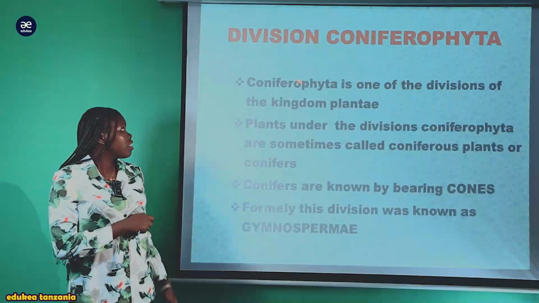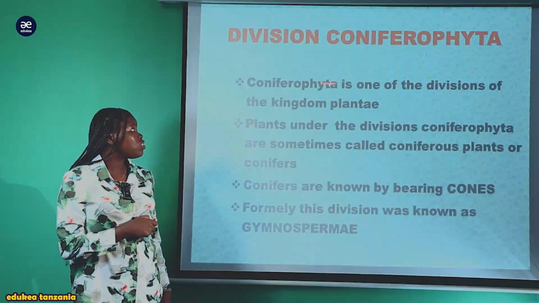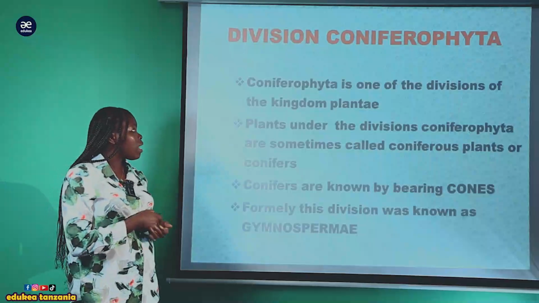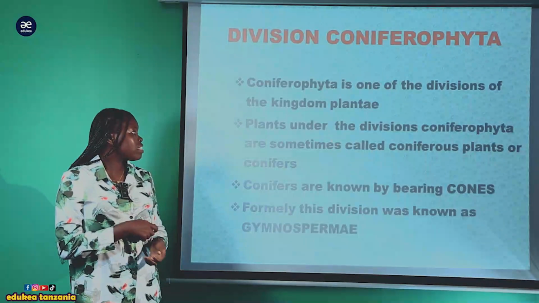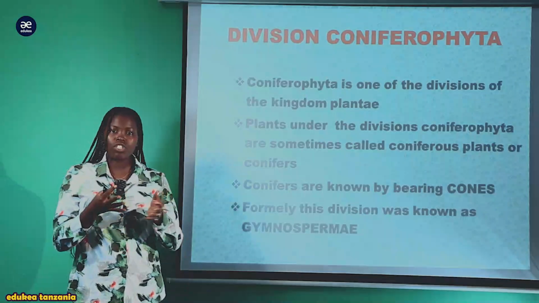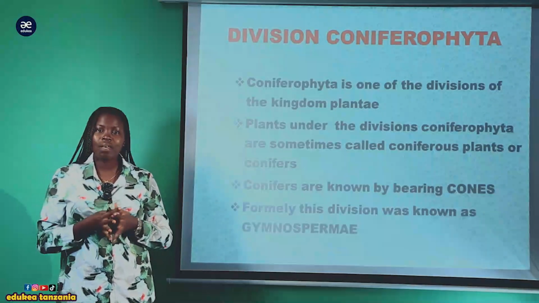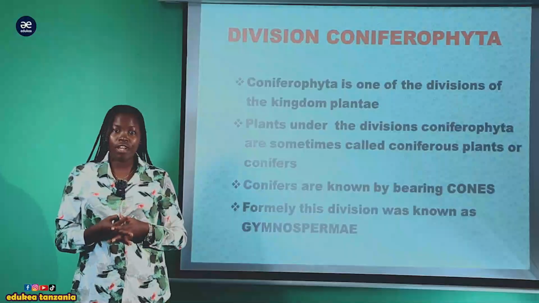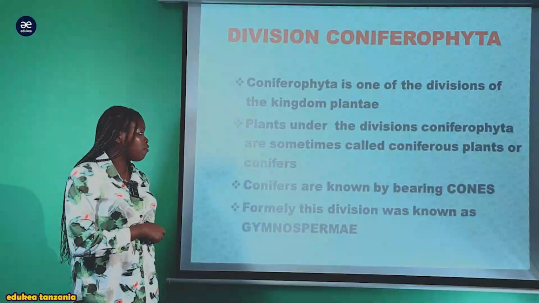So the Coniferophyta is one of the divisions of the plant, and the plants under it are sometimes called coniferous plants or conifers. Shortly, you can term them as the cone plants. So conifers are known as cone-bearing plants.